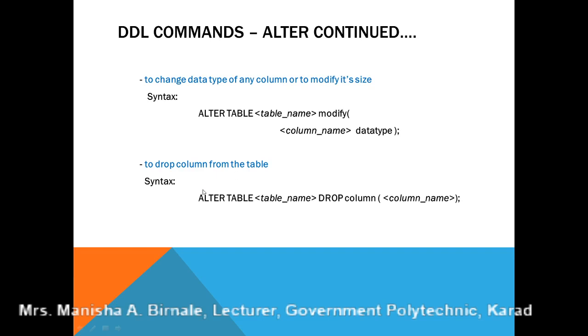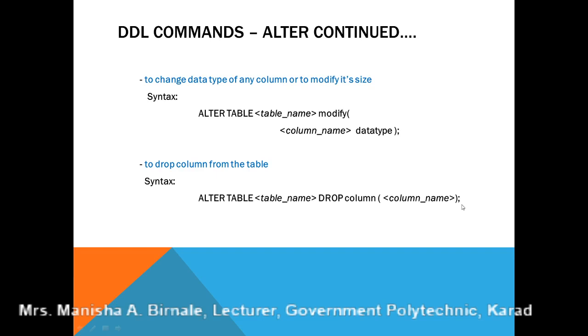You want to change the structure of your table and you want to drop some column from the table. For that, syntax is alter table, in front of it table name, then keyword drop column, and in front of it you have to write the column name which you want to drop, and the command is terminated by semicolon.